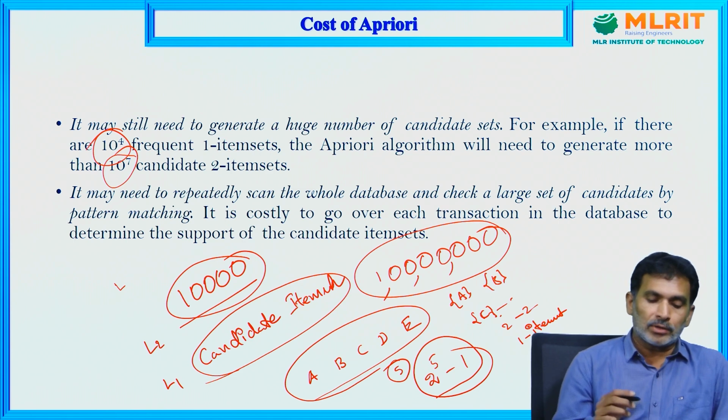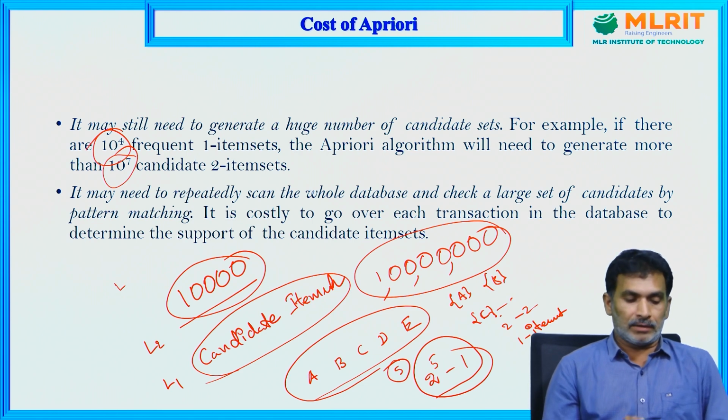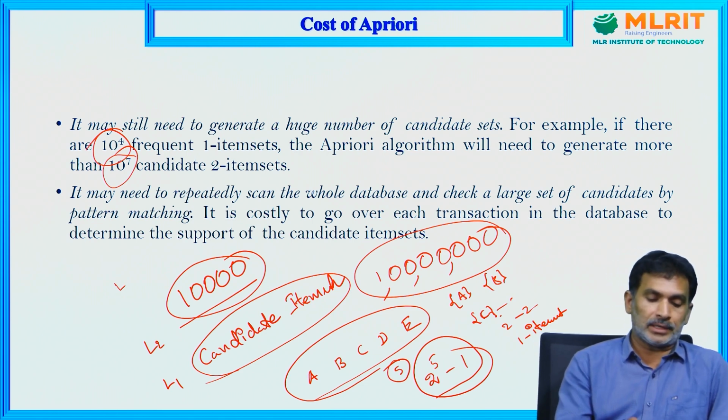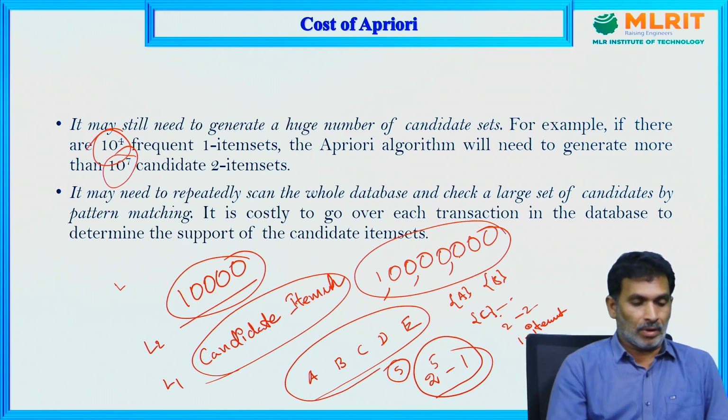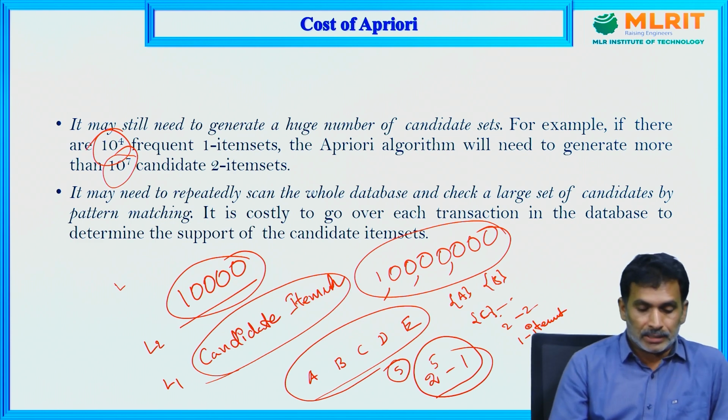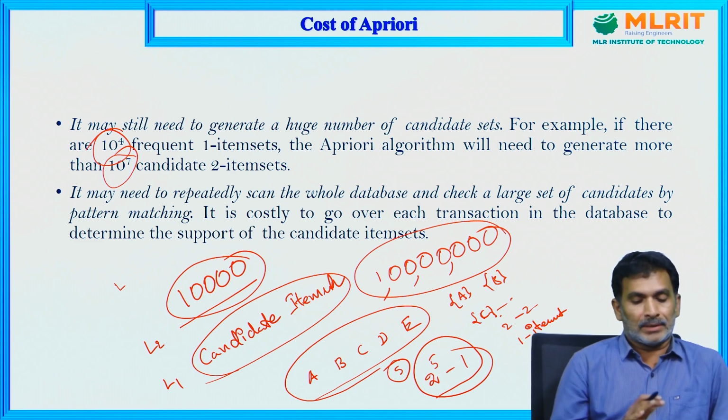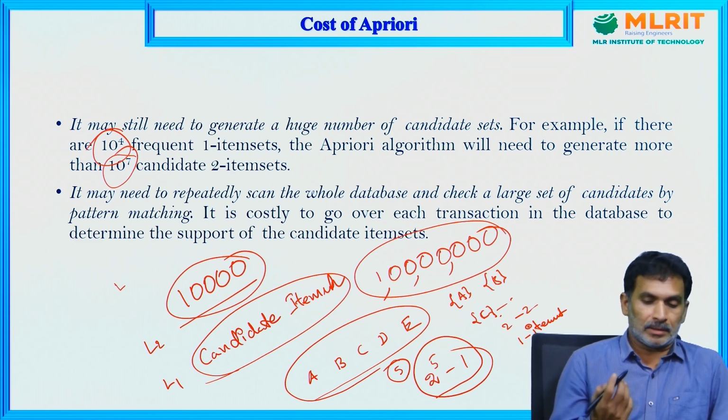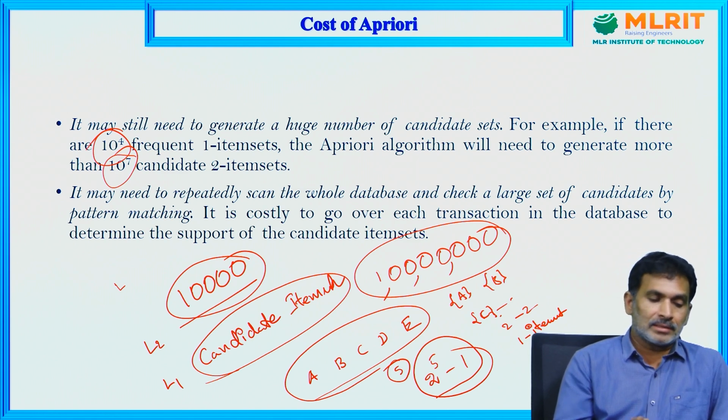Then by scanning the entire database, we have to find out the frequency of each item set in these 1 crore 2 item sets. Based on their frequency or the support, we will check whether they are frequent item sets or not. So if you could imagine, these many item sets need to be generated.